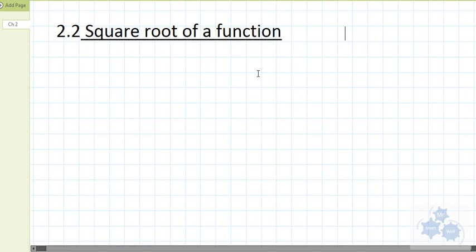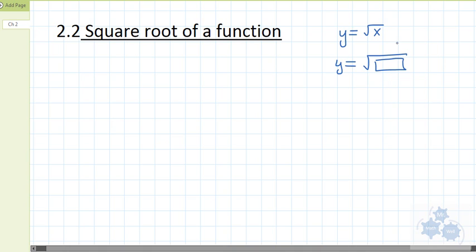So in 2.2, this is very similar to our study on radical functions where you have y equals square root of x, but we really only studied this function and how we transform square root of x. In 2.2, we take a look at y equals the square root of something more than just x, like the square root of 2x or 5x squared plus 5.